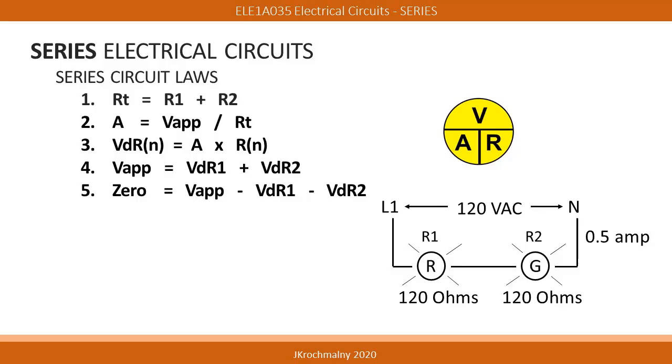VDRN equals A times RN. The N in this case is going to be an indicator of the particular load. So therefore, the voltage dropped across each load is equal to the amperage appearing anywhere in the circuit multiplied by that particular load's resistance.